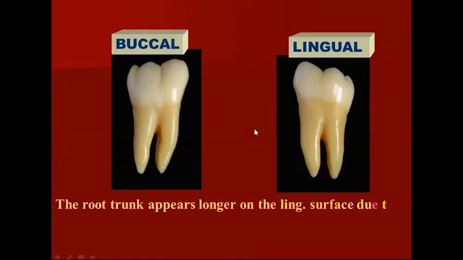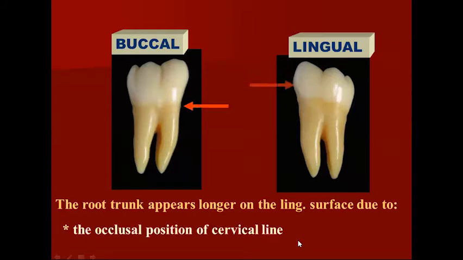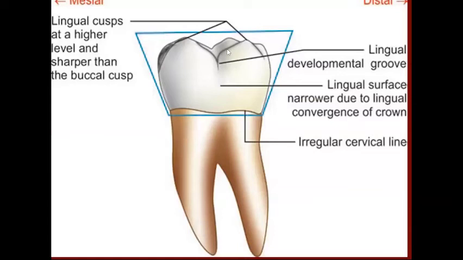The root trunk appears longer on the lingual surface due to the occlusal position of the cervical line. Lingual convergence. Lingual cusp at a higher level and sharper than the buccal cusp. Lingual developmental groove. Lingual surface narrow due to the lingual convergence of the crown. Irregular cervical line.